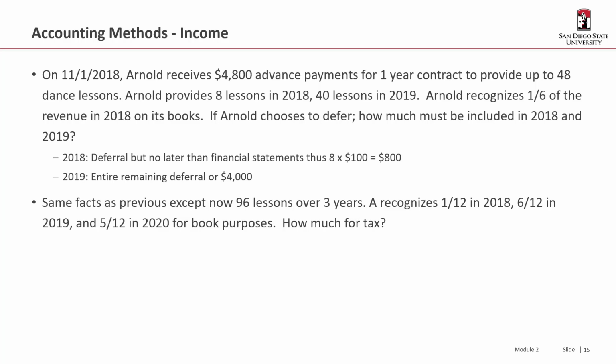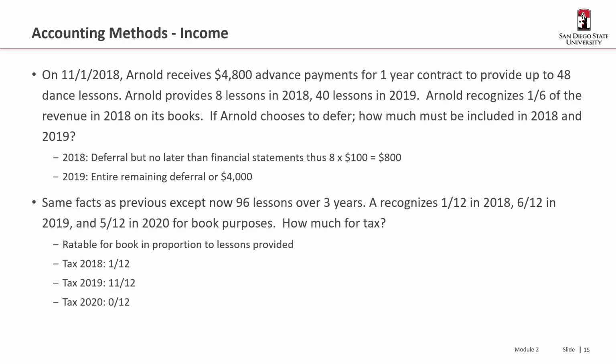All right, let's change the facts a little bit, except now it's 96 lessons over 3 years. So Arnold would recognize 1/12 in 2018 for book purposes, 6/12 in 2019, and 5/12 in 2020. And how would that get recognized for tax? Well, in 2018, it would be the exact same amount as for book purposes, right? He can defer up to 1 year, but never later than book.